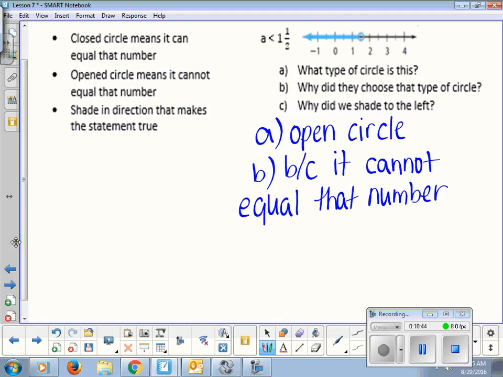And why did we shade to the left? Because it's less than. Yeah, we wanted the numbers less than 1.5, so we shaded to the left because those include the numbers less than.